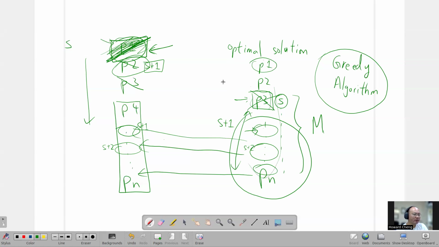And this kind of proof is often called an exchange argument or exchange proof, because I am taking an optimal solution that theoretically exists that did not make the greedy choice, and we exchange that choice with the greedy choice and still maintain optimality.